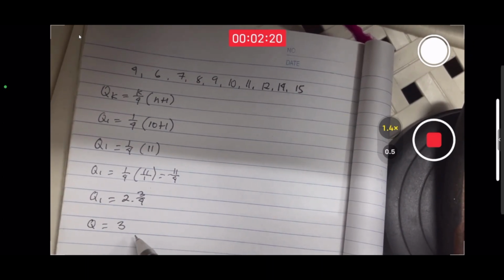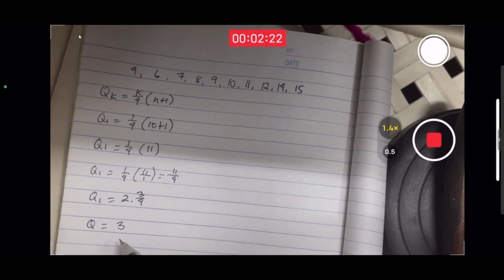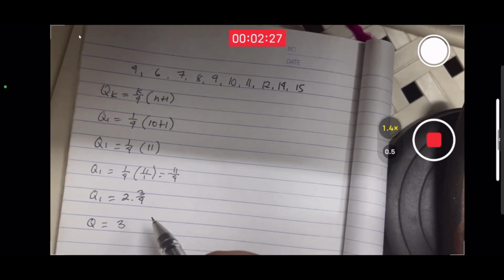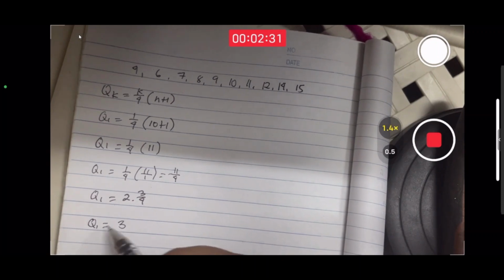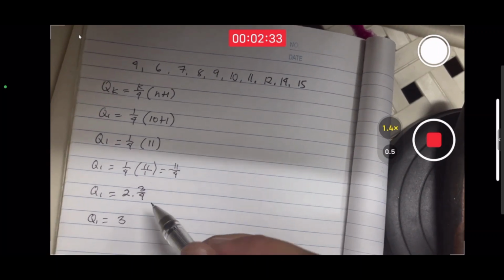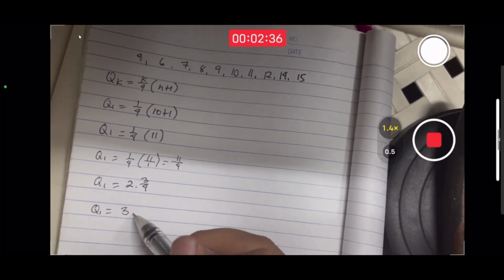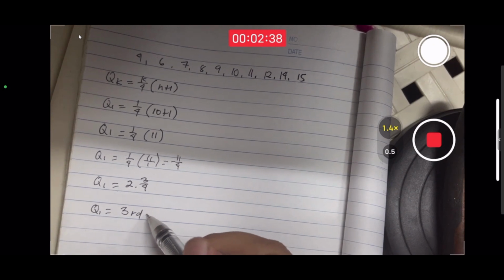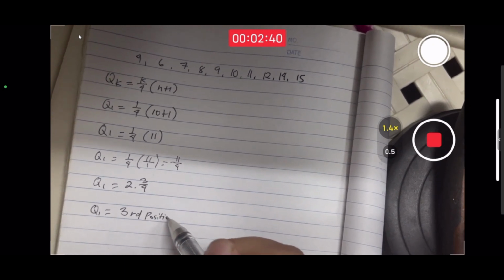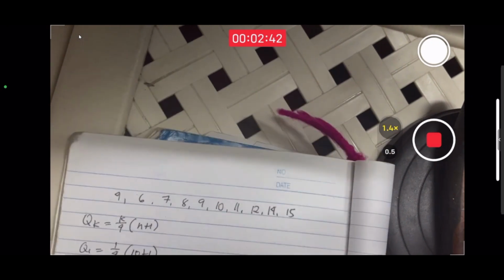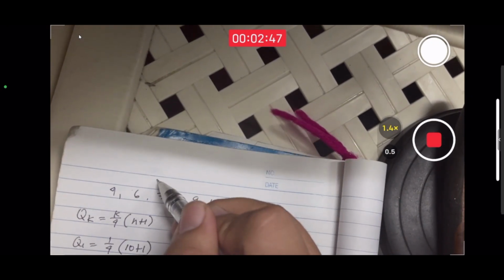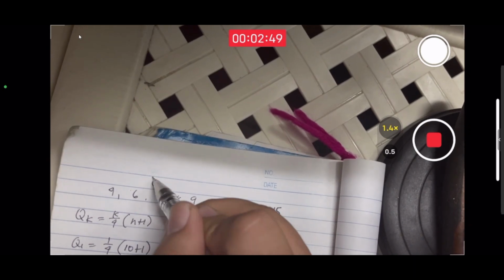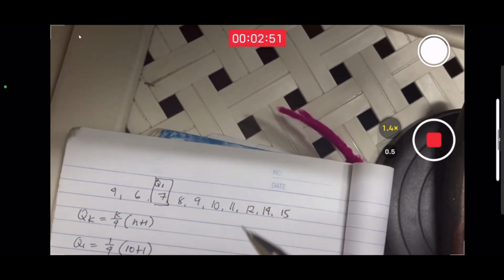Because for the position, we are going to use the exact position, or else we can use interpolation. But if we are not using interpolation, we round off. So our position for quartile 1 is the third position. 1, 2, 3. So our quartile 1 is equal to the score 7.